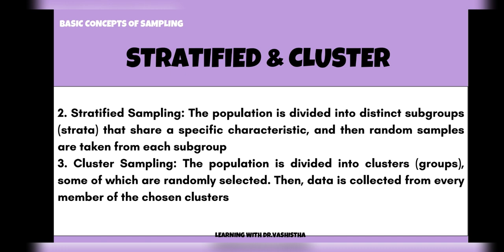These subgroups share certain specific characteristics, and then random samples are taken from these strata or subgroups. Whereas in cluster sampling, the groups are known as clusters. The population is divided into different clusters or groups, and some of which are randomly selected. And then the data is collected from every member of the chosen clusters or groups.